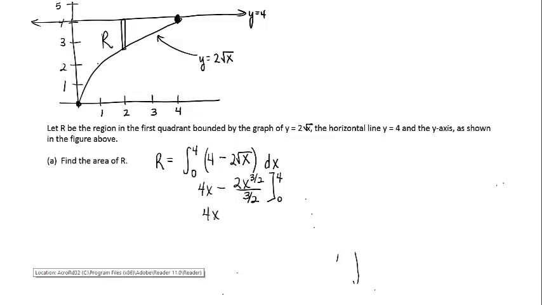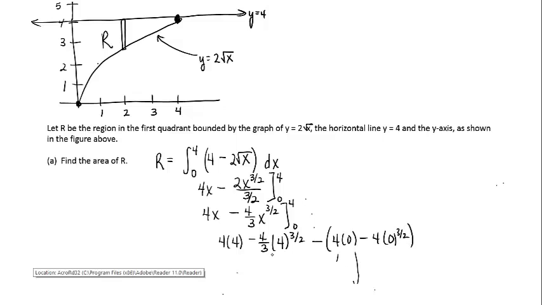So I now have 4x minus 4/3 x to the 3/2. Using the fundamental theorem of calculus, we'll place in 4 first for my x values, and then we'll place in the 0, minus the second part. Placing in 0 is only going to give me 0, so there's no reason to write all of that out.